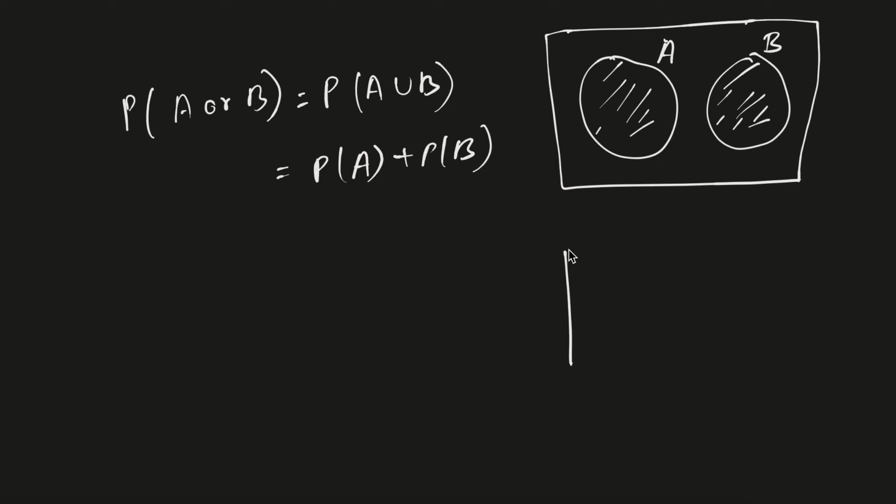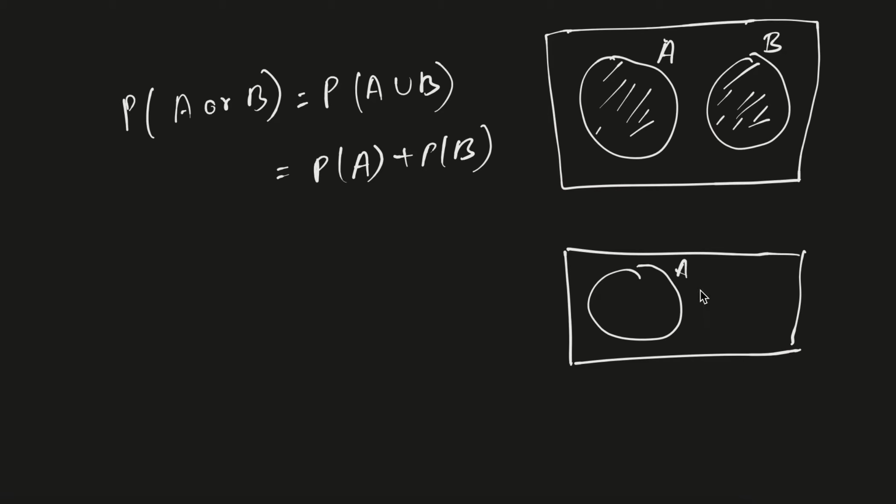Let's say I have another sample space where A occurred and B also occurred, but now there are intersections in there, so there are common things between A and B. Now this will not work because adding A and B will generate this redundant bit here, so we'll have to get rid of that.